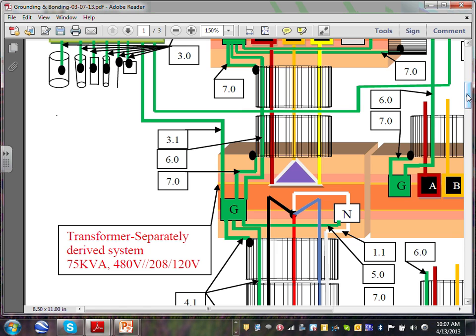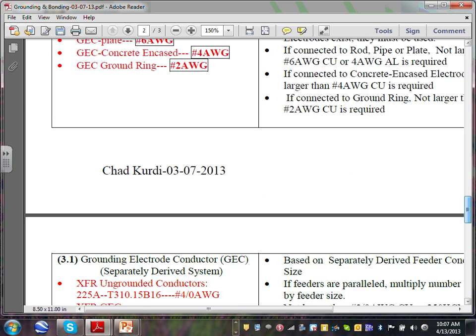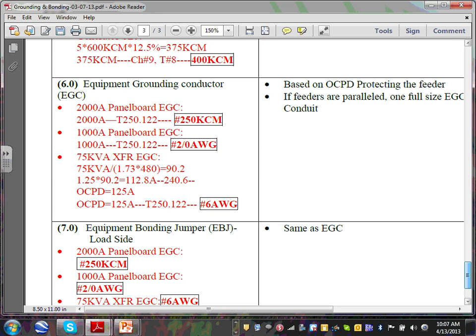So let's go to number 6 here and see how we size it. Number 6 is for the transformer, at the bottom. I took the transformer's 750 kVA divided by the voltage and the 3-phase multiplier, which gets you the full load amps.